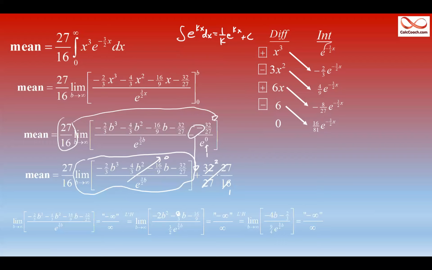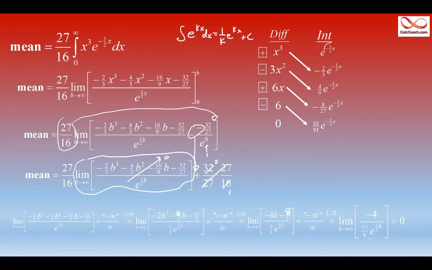Derivative again. So that's still going to be negative 8/3. Sorry about that typo. Still going to be negative infinity over infinity. One more time. And we'll have just a negative 4 over this exponential that's getting the 3/2 every time. But anyway, negative 4 divided by something that's growing exponentially, it's going to head to 0.